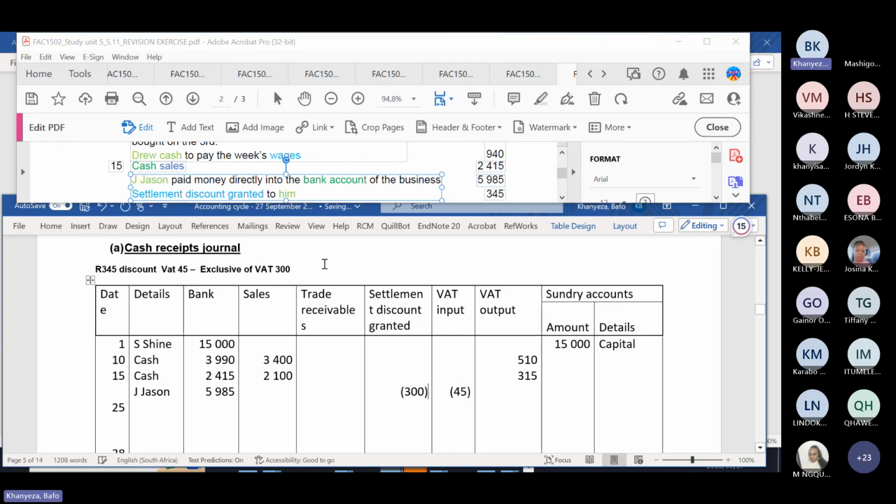By how much are we going to reduce Jason's debt? We're going to reduce Jason's debt by 345 plus 5,985. So in total, we're going to reduce Jason's debt by 6,330.